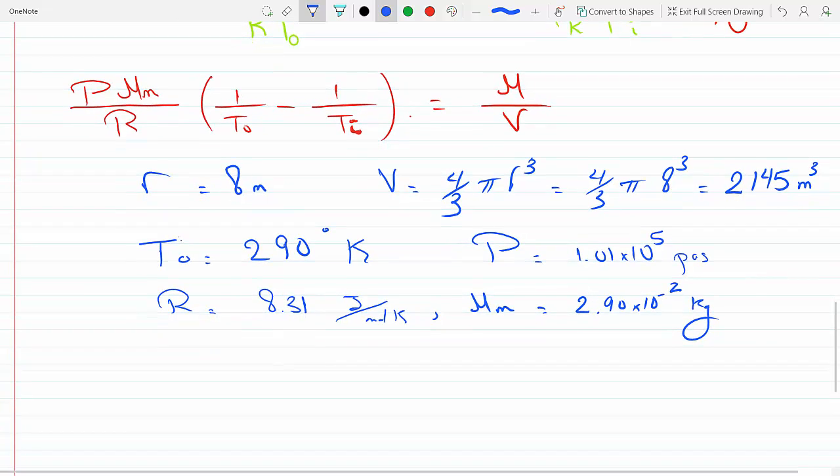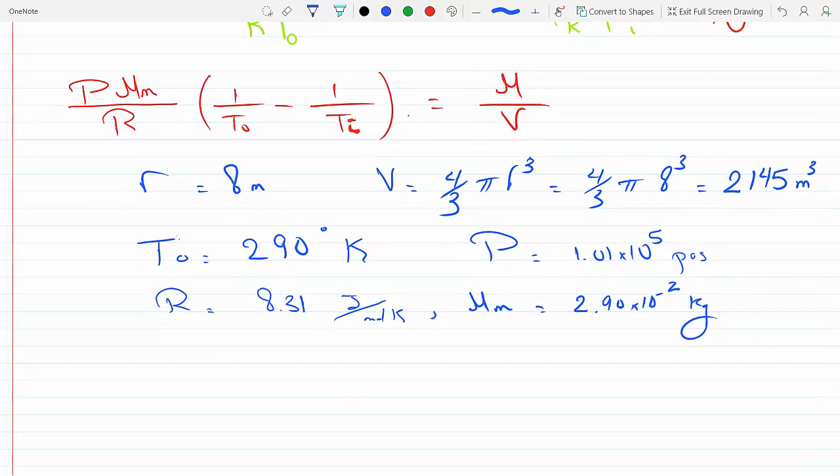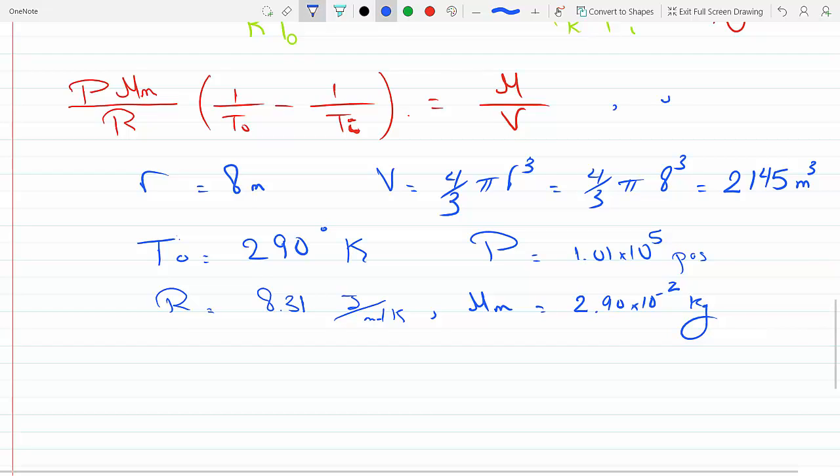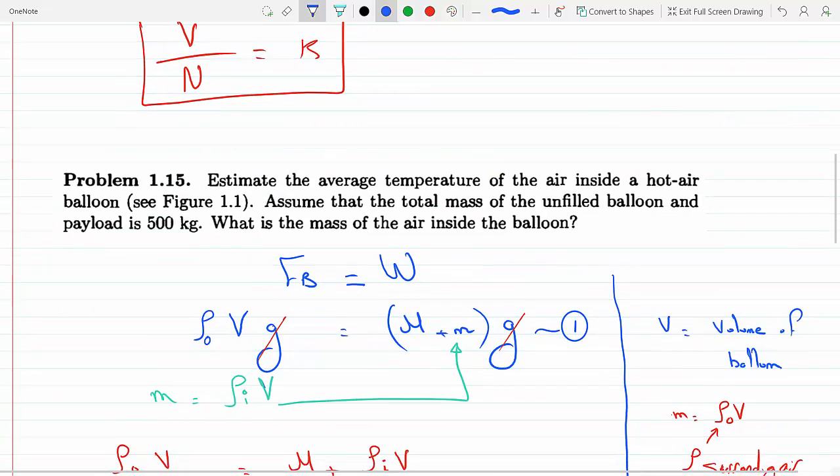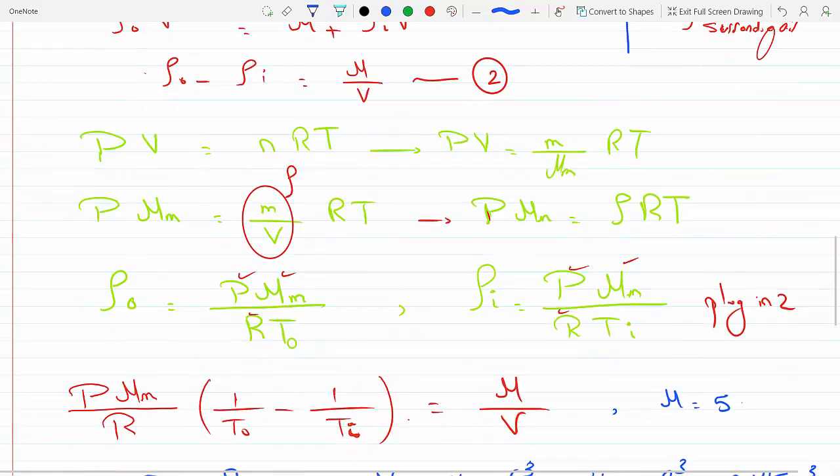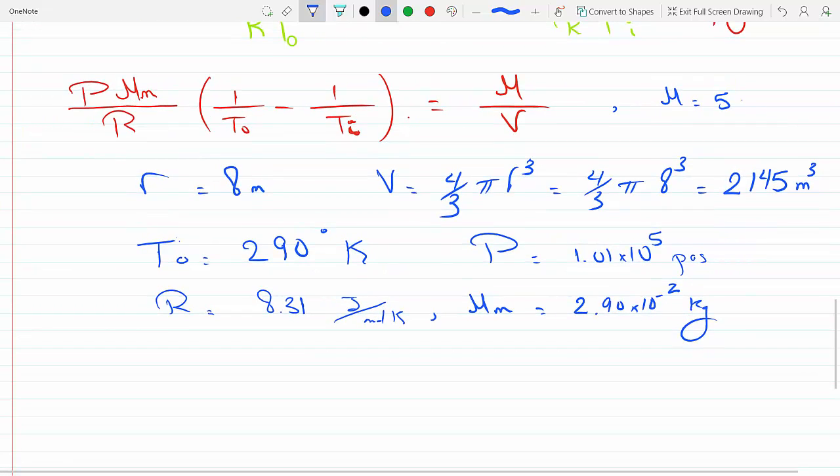That's for air average. Okay, we have everything, and big M is given in the question. That's the mass of the unfilled balloon and the payload, so that's 500.